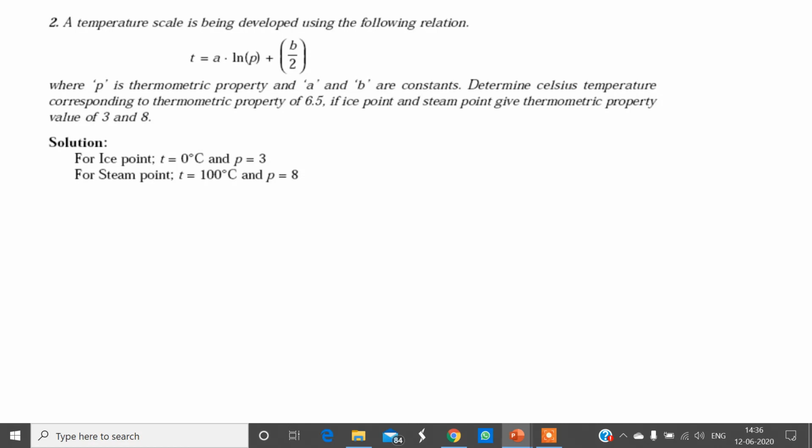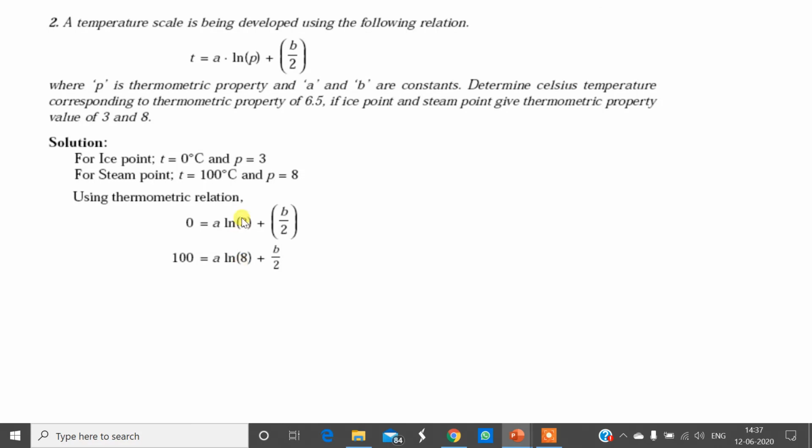Putting these values in the above equation, we get two simultaneous equations. Put T equal to 0 and P equal to 3: 0 is equal to A ln 3 plus B by 2. Now put T equal to 100 and P equal to 8: 100 is equal to A ln 8 plus B by 2.